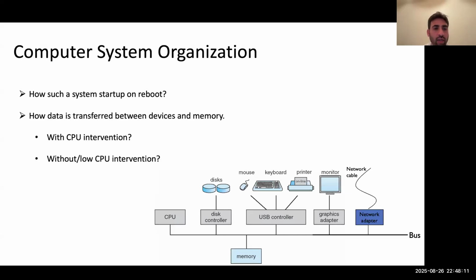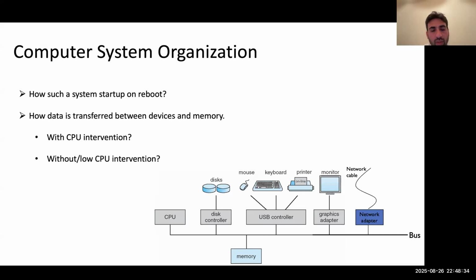And also how data is transferred between devices and memory. When we say devices, it basically means how the data is transferred from the disk controller to the memory, from the USB controller to the memory, from the CPU to the memory, from the graphics adapter to the memory, and so on.